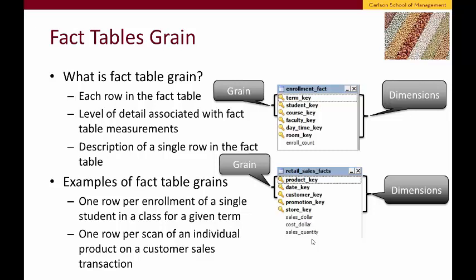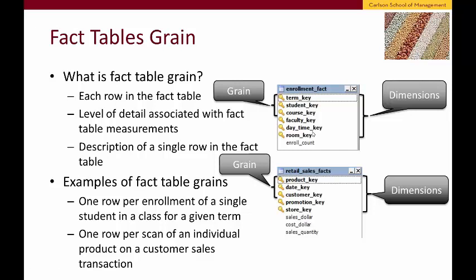For the student enrollment fact table, the intersection of term, student, and class is the grain level because it cannot be subdivided further. Term is the shortest period of time for which a student can register for a class. A particular section of a given class still represents the same class. Okay, so this date time key is not part of the grain.